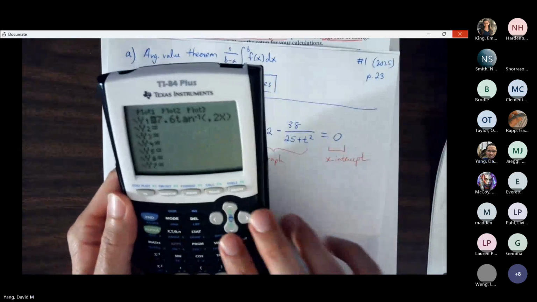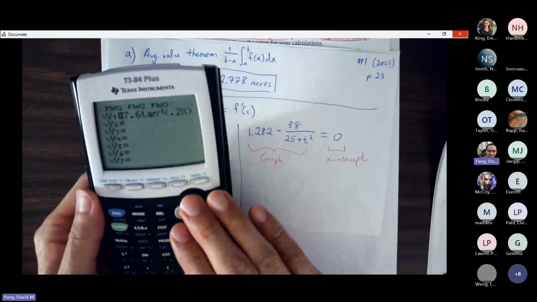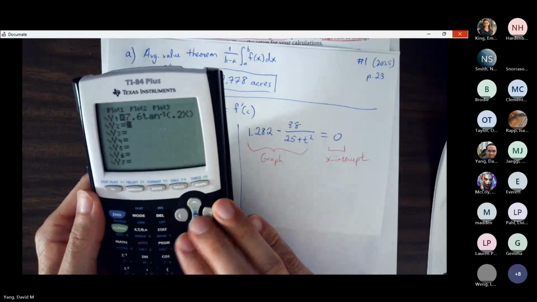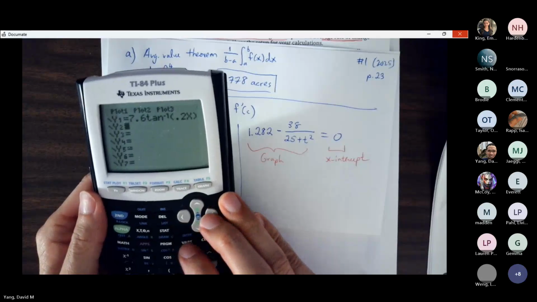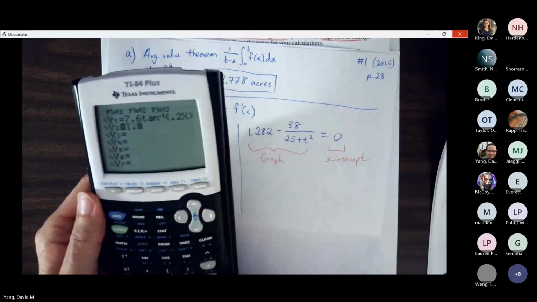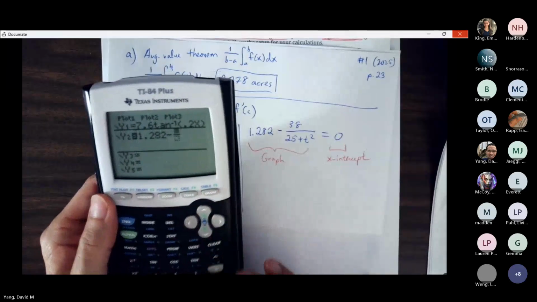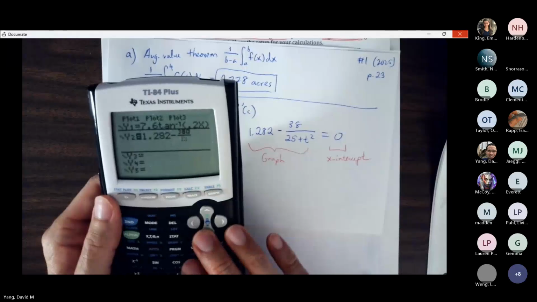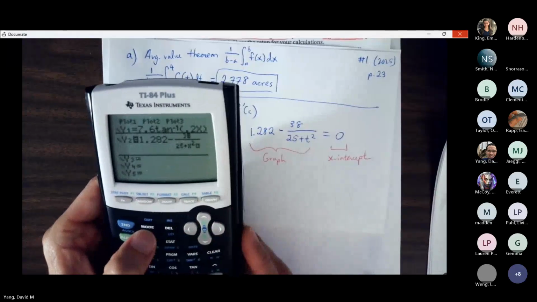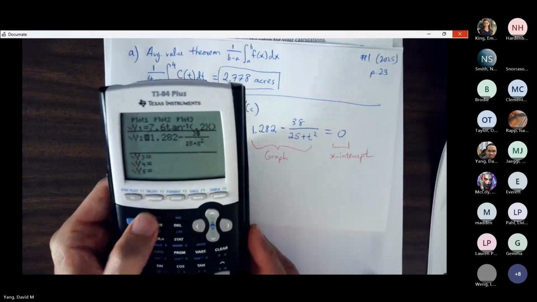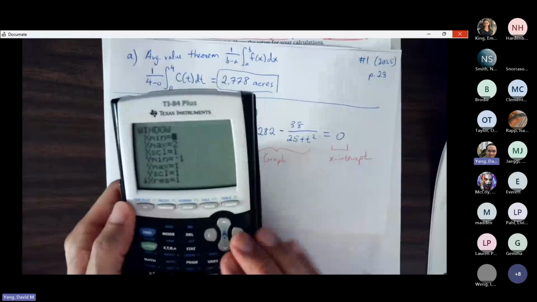So I'm just going to choose to graph it here. Remember to use x for your variable. I'm going to adjust my window here. We're going from 0 to 4.